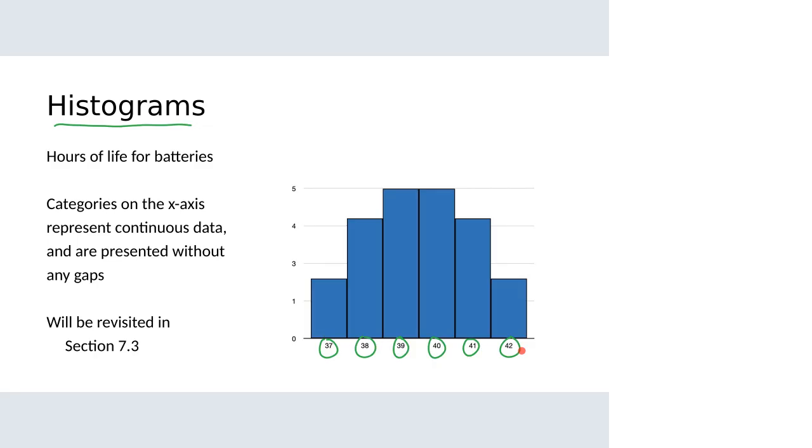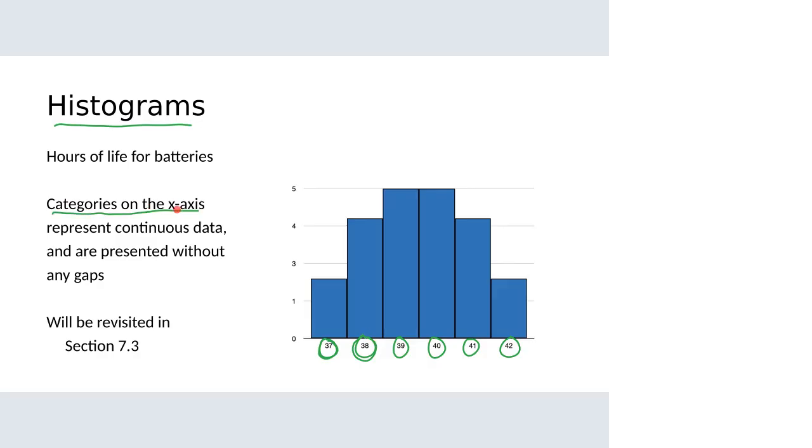And while those don't feel like categories the same way that green, blue, and brown do, those are categories. How many batteries fell in the 37? How many batteries fell in the 38? And so on. What makes this a histogram? The particular rules that go with histograms are the following.